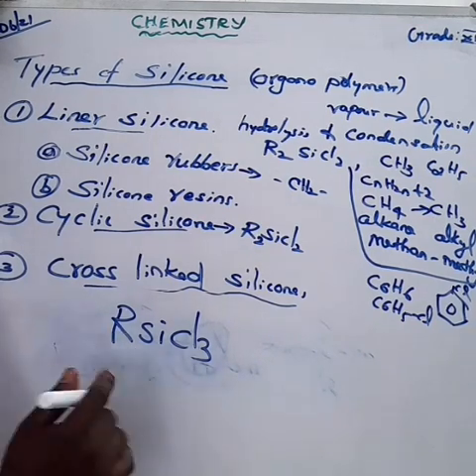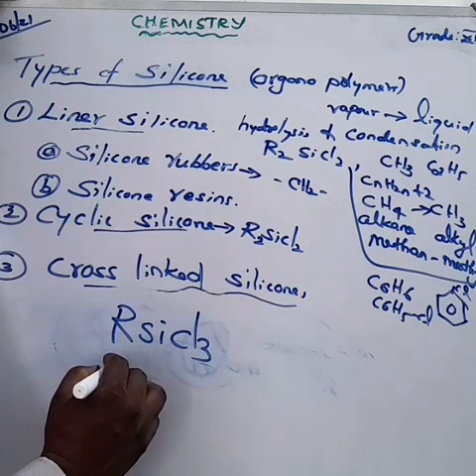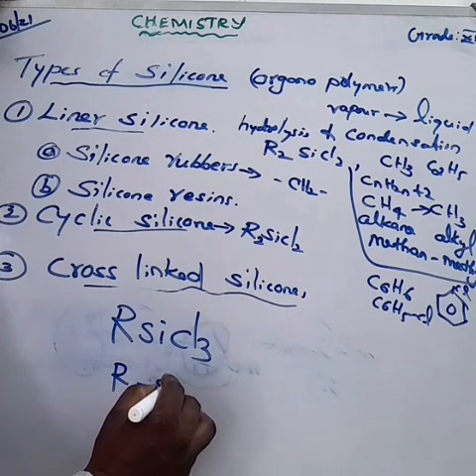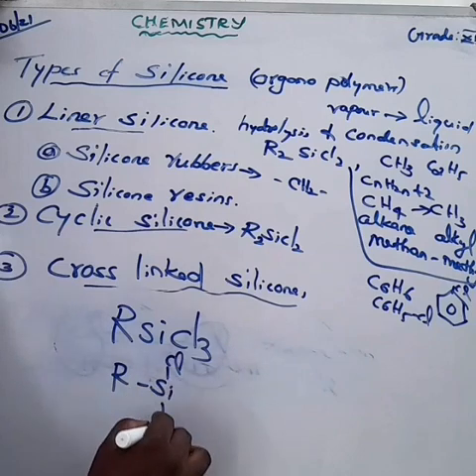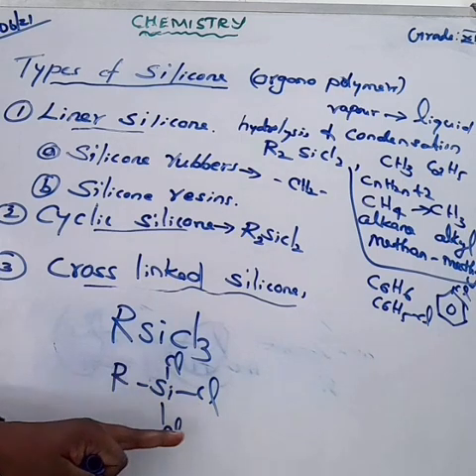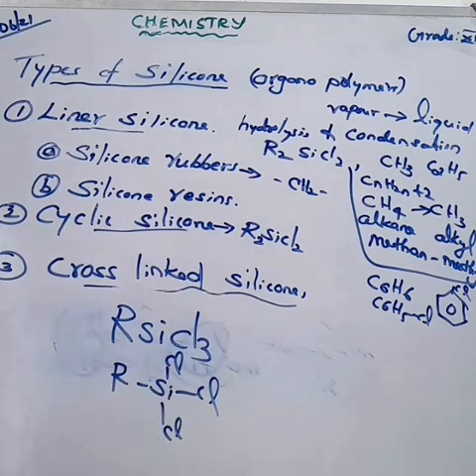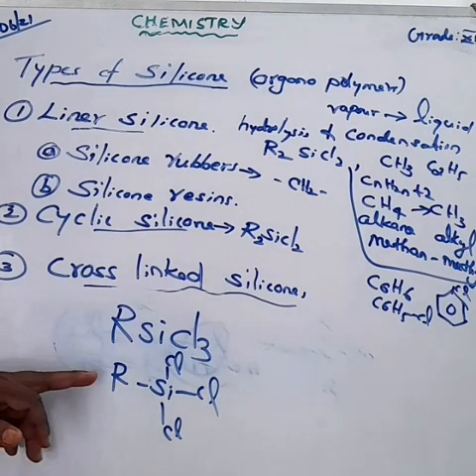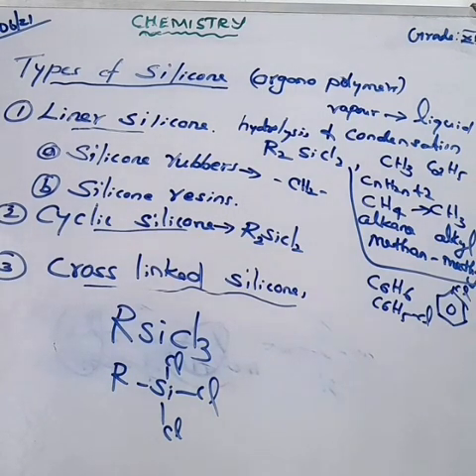Next, what is the Cl? Chlorine. How much chlorine is there? 3 chlorine. So, alkyl trichlorosilane. Already we learned this one previously. Dialkyl dichlorosilane, these are some examples we learned.